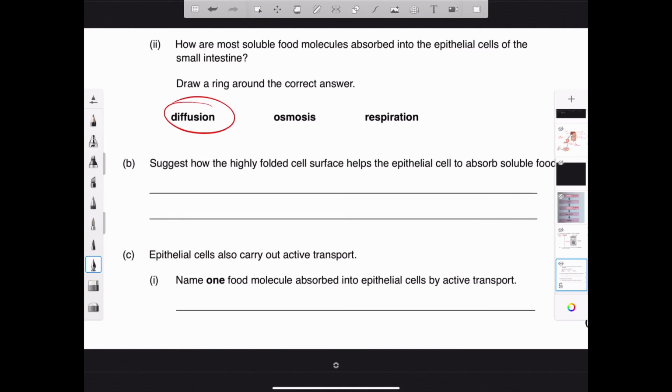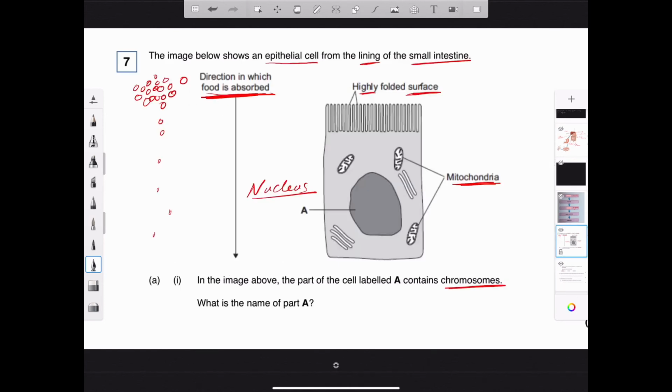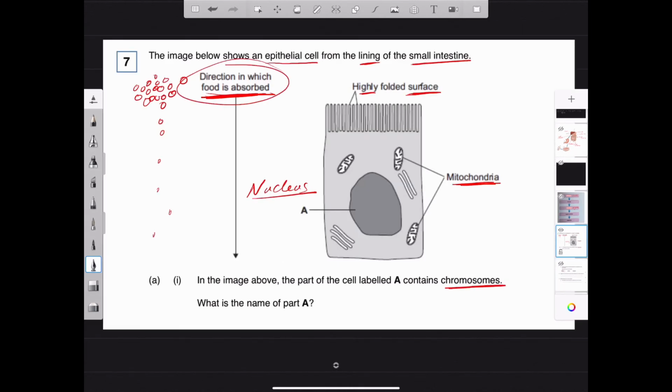So when you consume food, there's going to be a higher concentration in this region here. There's going to be a high concentration of the food in this region, because it says direction in which food is absorbed. So if food is being absorbed, it must be coming down towards the region which we are looking at, i.e. we've consumed it, we've swallowed it, it's come to the stomach, and now it's passing through the stomach and going towards the small intestine.